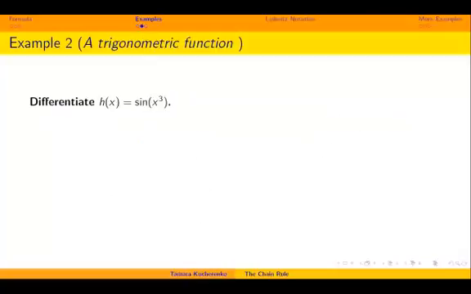Our second example is a trigonometric function. We need to differentiate h of x equals sine x cubed. H prime of x is the derivative of sine of x cubed, where the outside function is the sine, and the inside function is x cubed.